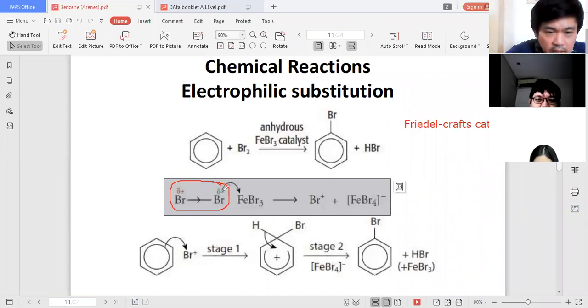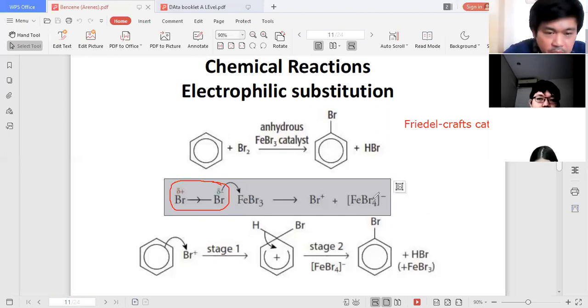The electrons can be donated to make a coordinate bond with this FeBr3. As a result, this bromine will become the electrophile, and this bromide becomes the nucleophile. This nucleophile will not react with the benzene. This is only the catalyst.